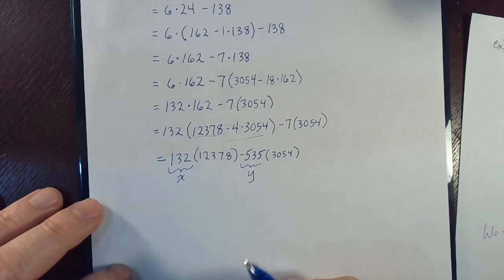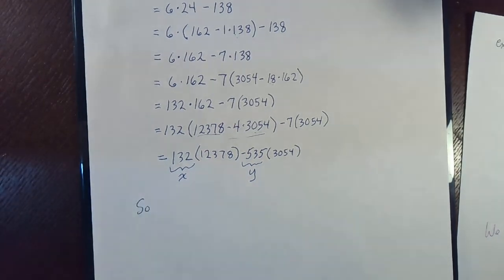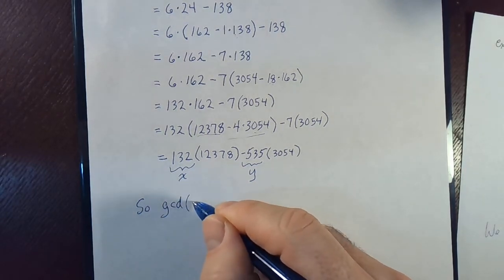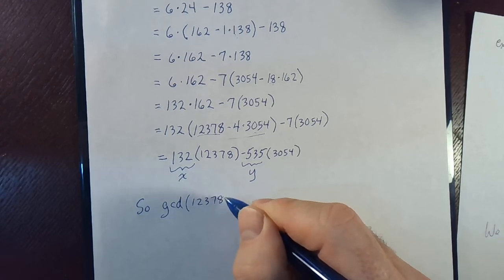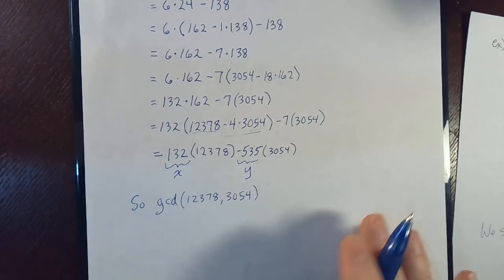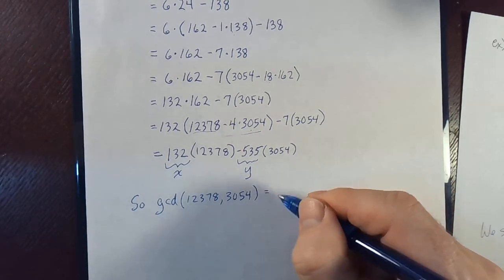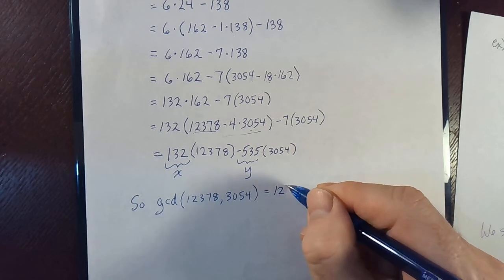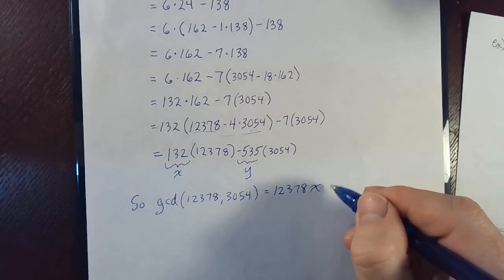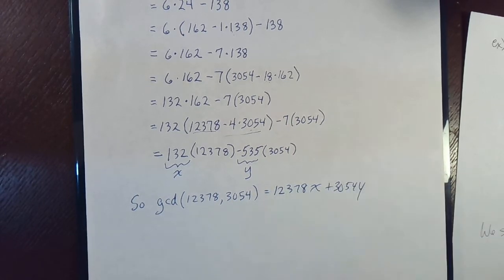So what we did here, I'll just kind of summarize it in one line. The greatest common divisor of 12,378 and 3054, which we know is 6, is equal to 12,378, I'll just write x for the time being, plus 3054y.